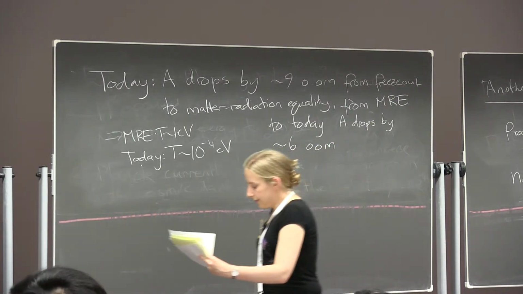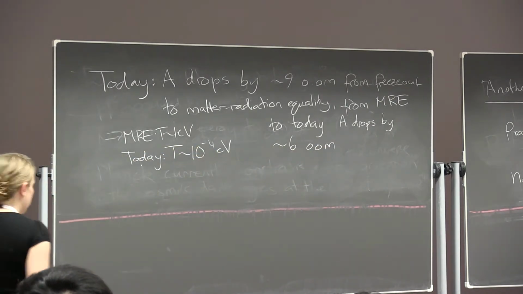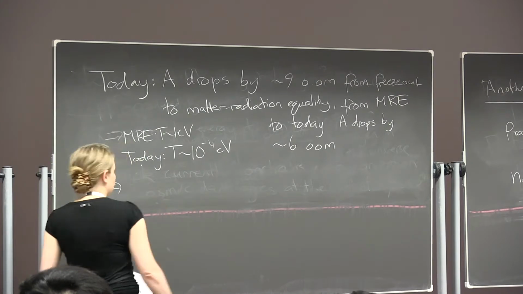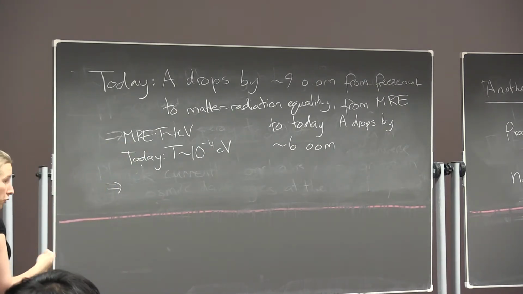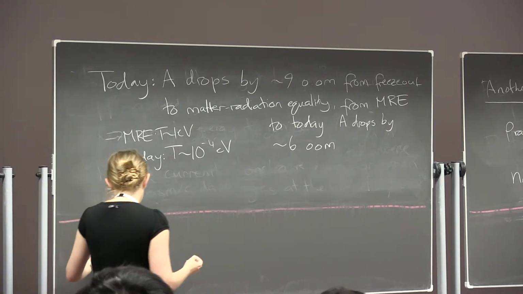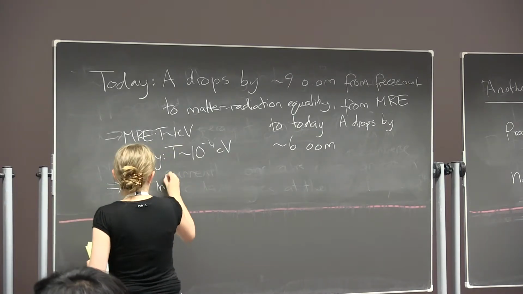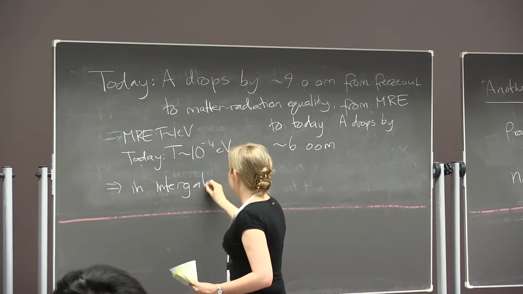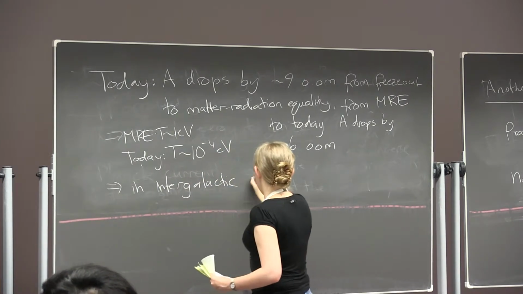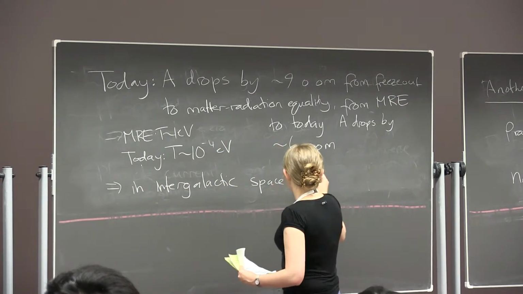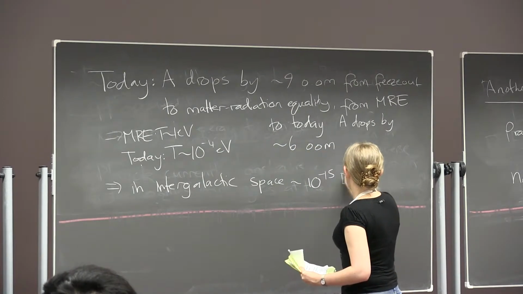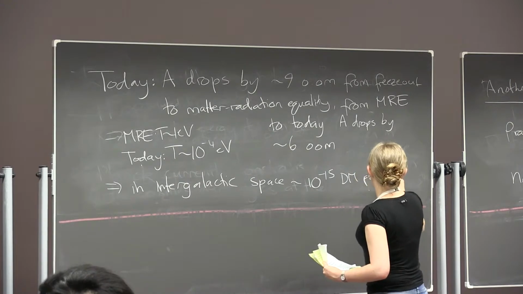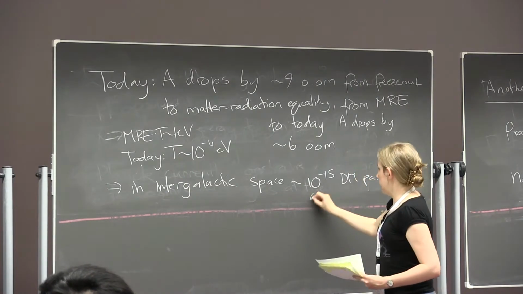So that tells us that we would expect that out in the space between galaxies, where we just have the smooth cosmological dark matter density, only about 1 in 10 to the 15 DM particles would be annihilating in a Hubble time.